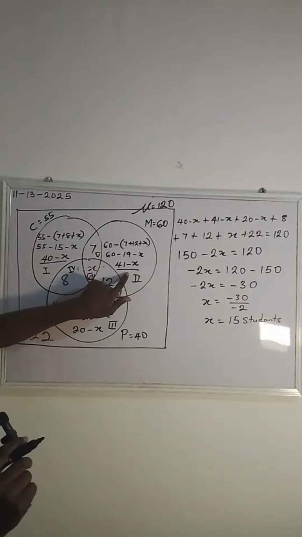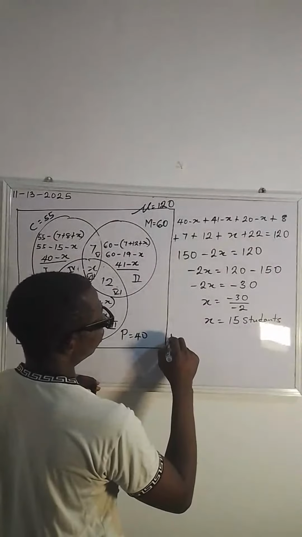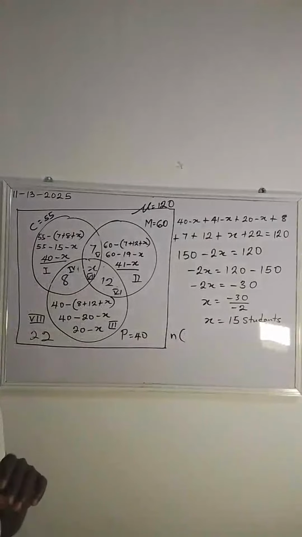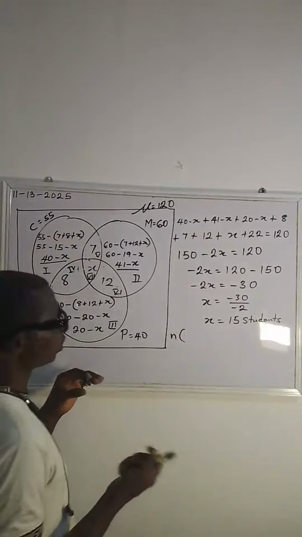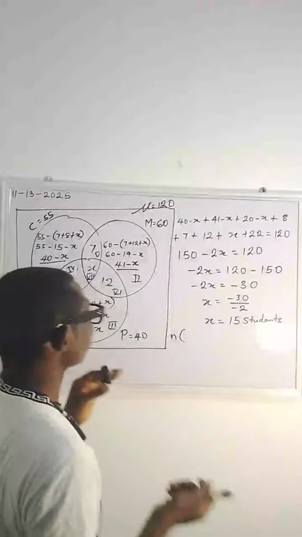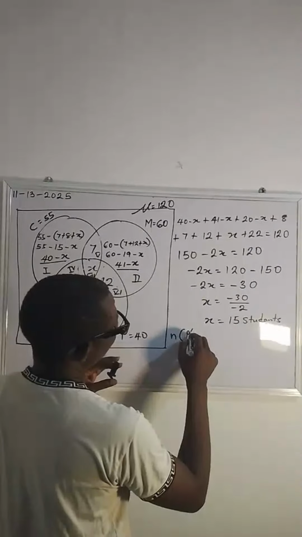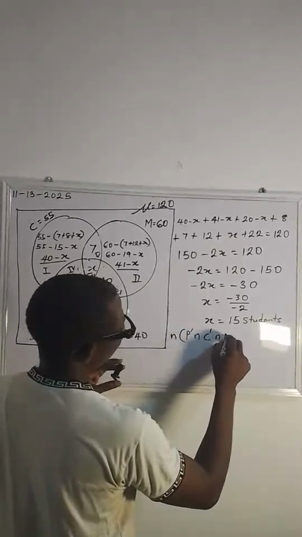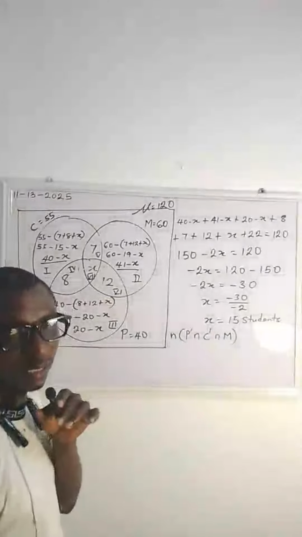I'm going to write that in set notation, which is shorter: P complement intersection C complement intersection N. So this is the number of those that study mathematics only.